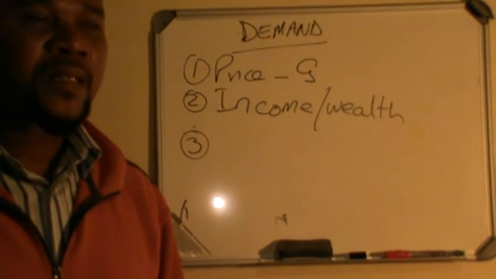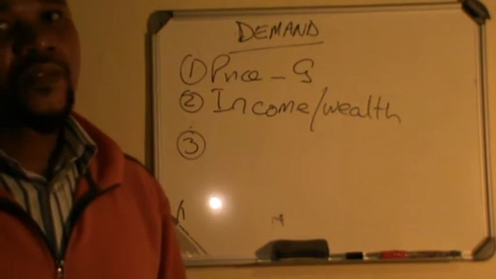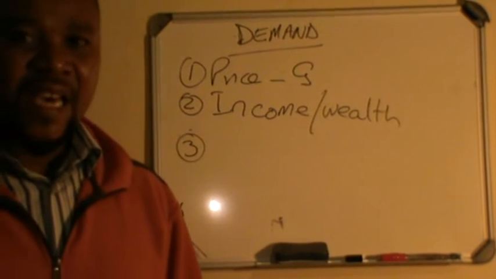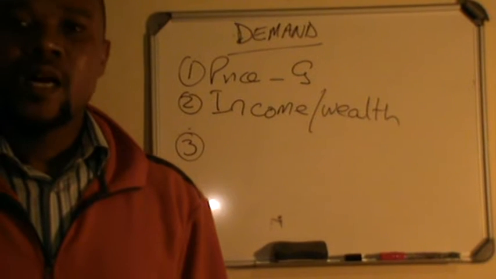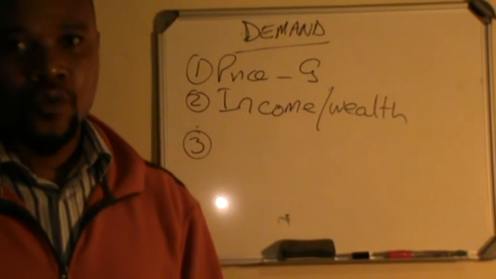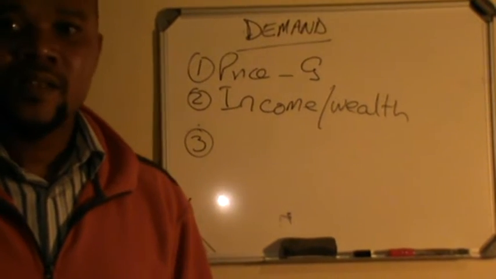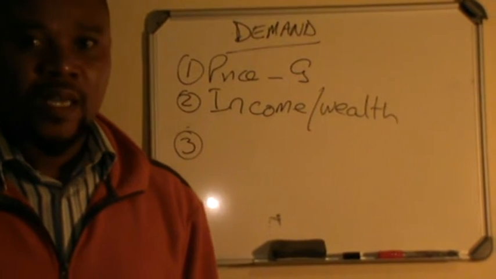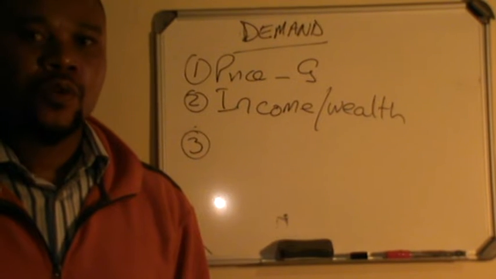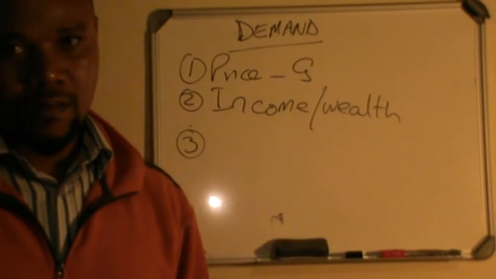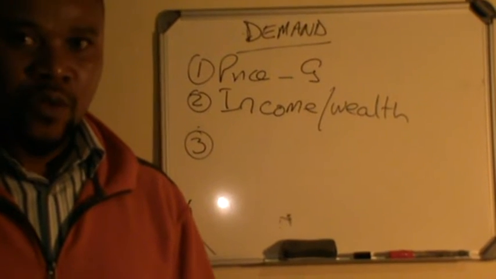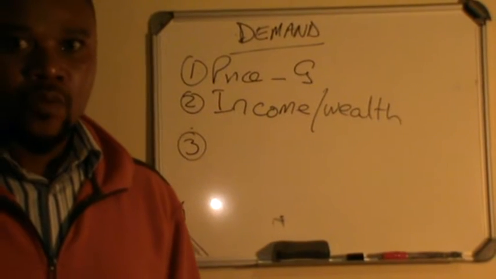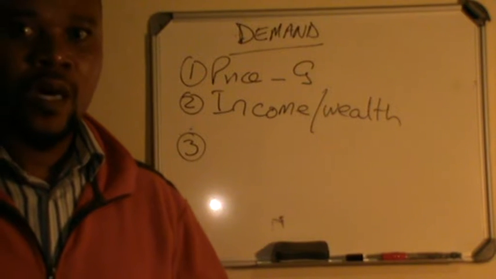In terms of complements, imagine that you really like your tea with sugar. So sugar and tea act as complements for each other. Now imagine that the price of sugar goes so high that it is very difficult for you to afford sugar, but you only like your tea with sugar. What is going to happen to your demand for tea if you can't afford sugar?